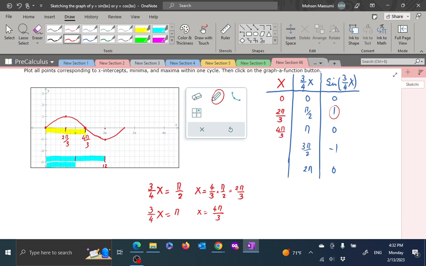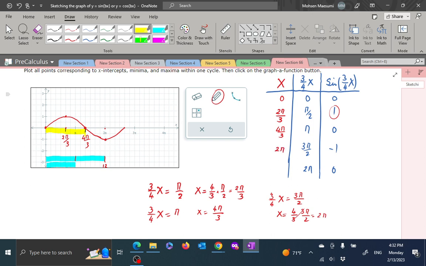I say if 3/4 of x is 3 pi over 2, x itself, I obtain it by multiplying by 4/3 on both sides, 3 pi over 2, and then you notice that this simplifies to just 2 pi, which is exactly what we did here.